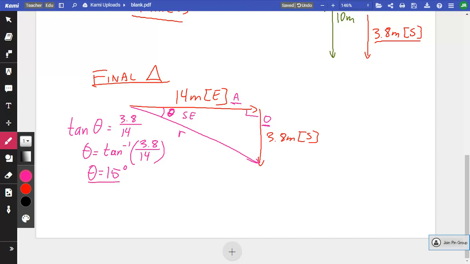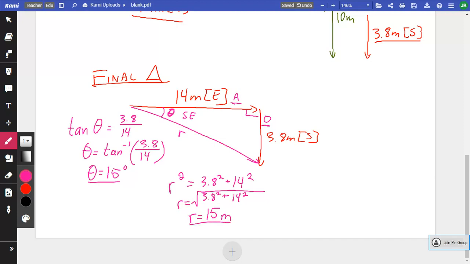All right, and then we have to find r. So this is a squared plus b squared equals c squared. So r squared equals 3.8 squared plus 14 squared, which means r is the square root of 3.8 squared plus 14 squared. This is what I punch in my calculator, and r is 14.5, so that's 15 meters.